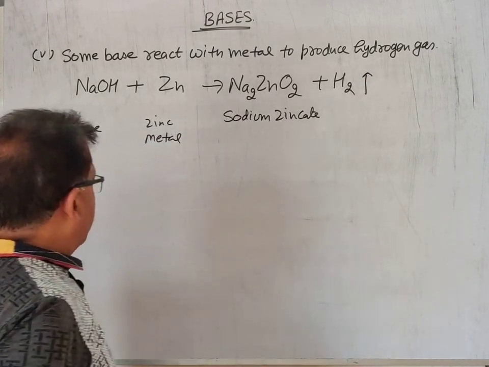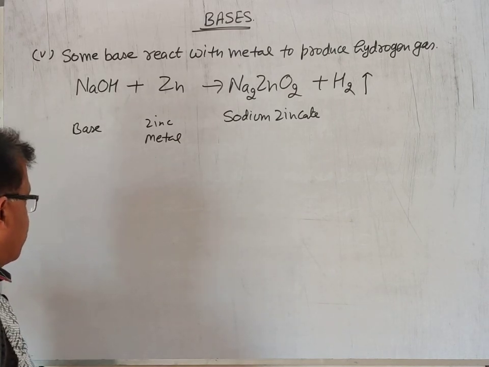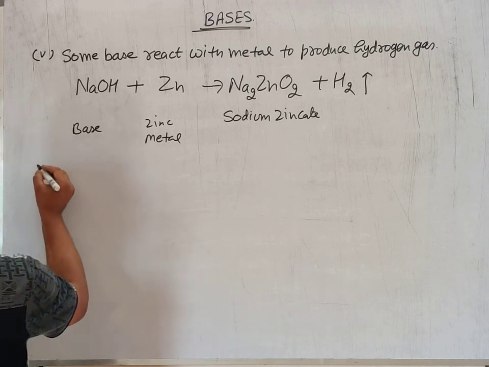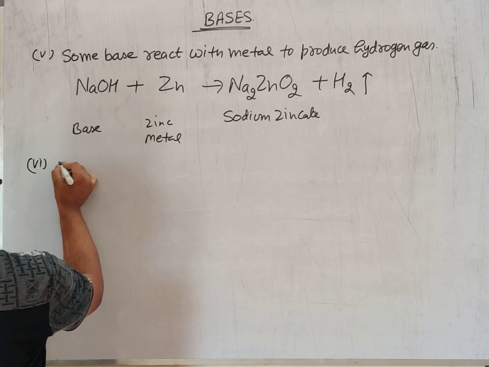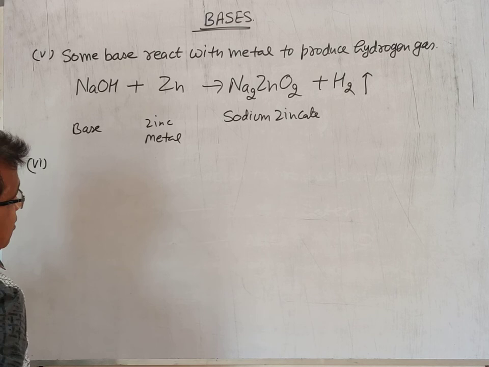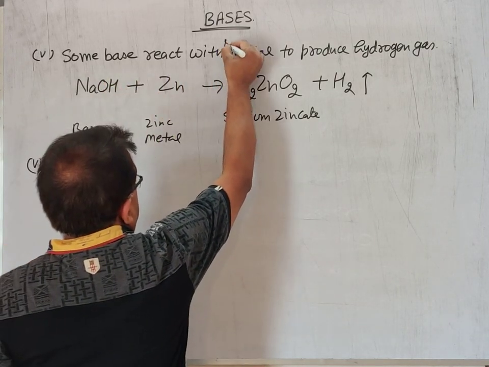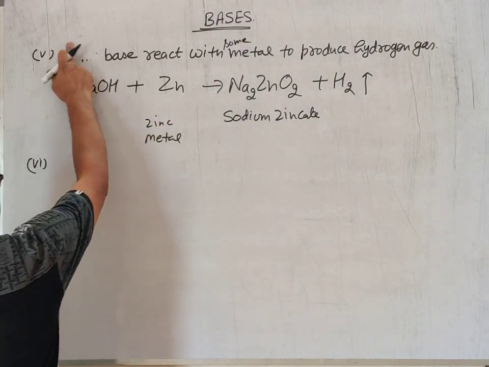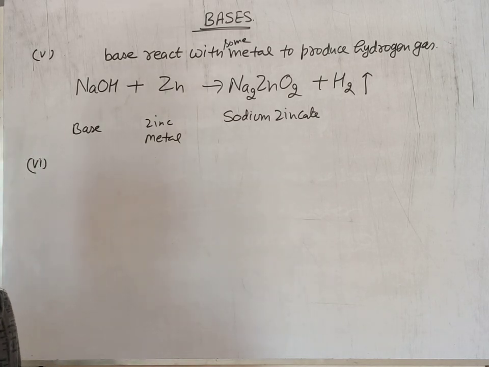It is also an important property that some bases react with metal to produce hydrogen gas. The next property is, or it is better to write, base reacts with some metals, not all metals. Base we will remove from here. Base reacts with some metals to produce hydrogen.